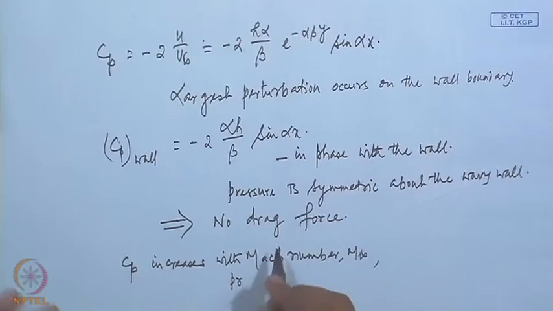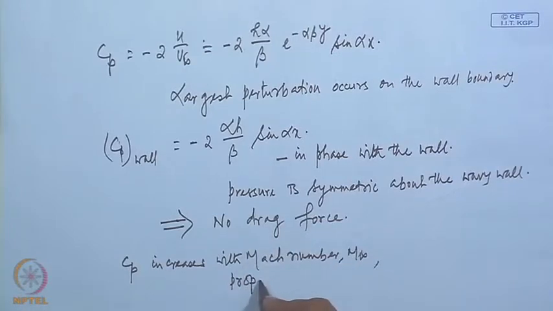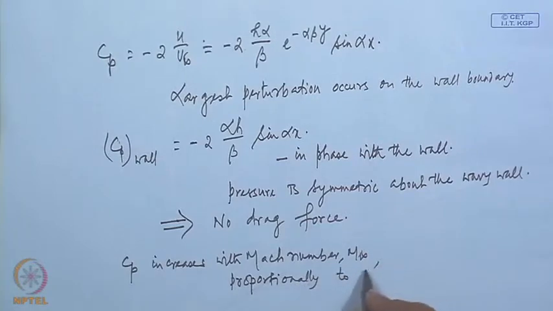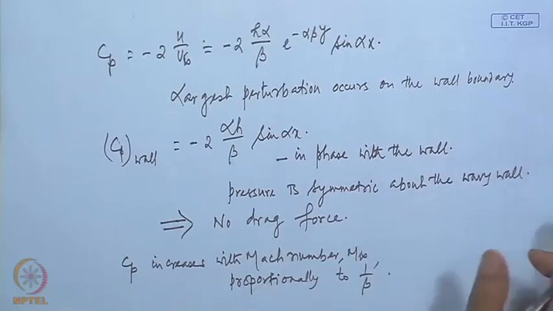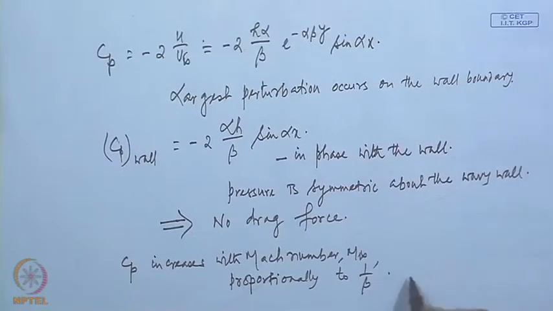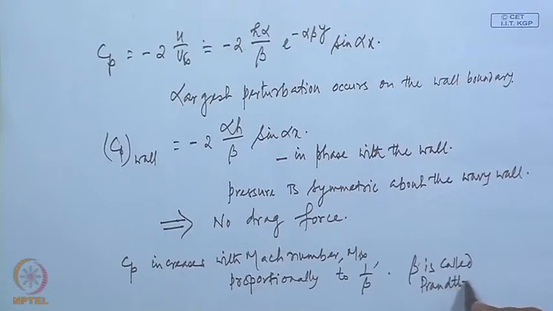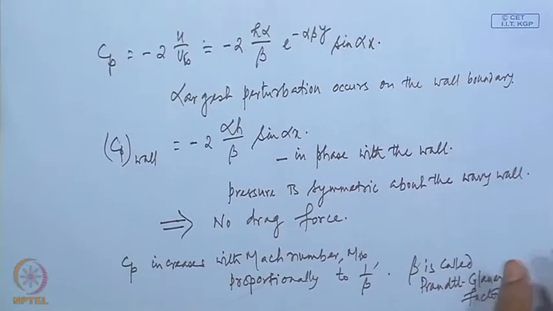Actually, this increase in quantitative terms is proportional to 1 by beta. This beta is known as the Prandtl-Glauert factor, or Prandtl-Glauert parameter.